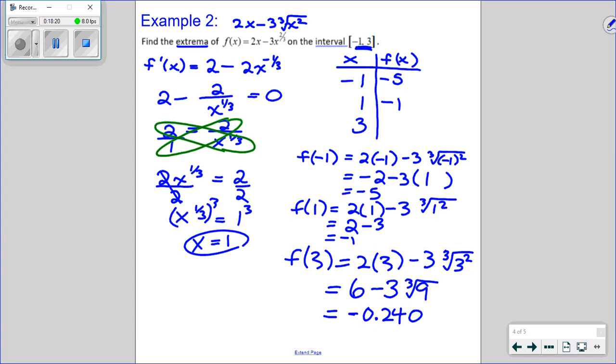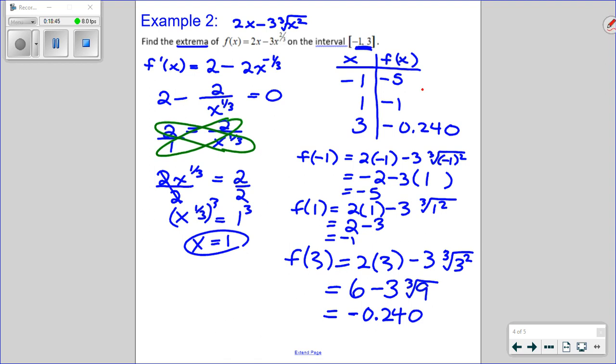Okay, so you guys, I just went ahead and keyed that into the calculator just so we have an actual y value. Now, because I did have to approximate it, remember you always want to round to at least 3 decimal places. So anyway, we end up with -0.240.